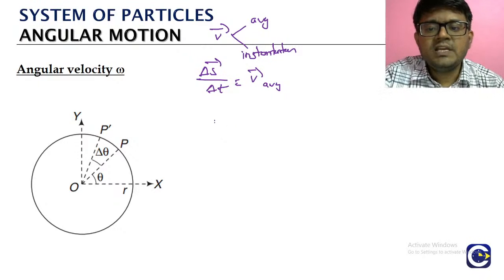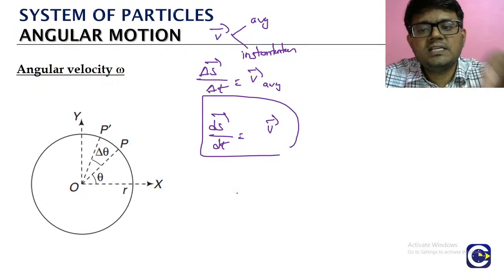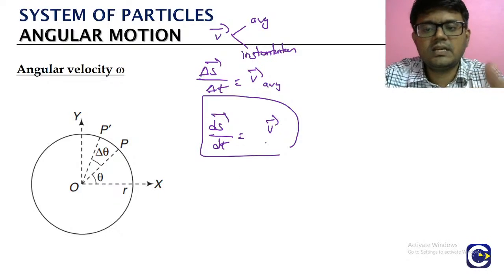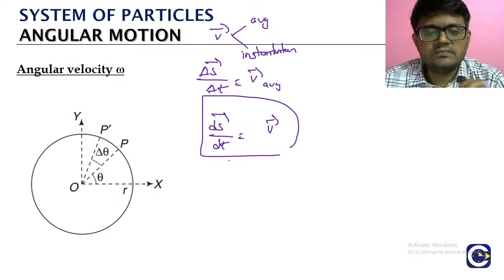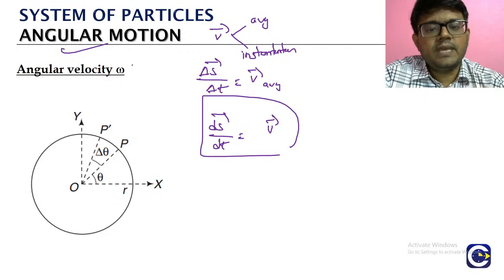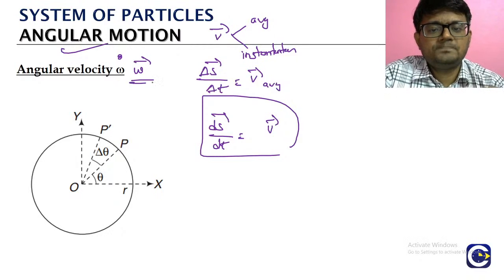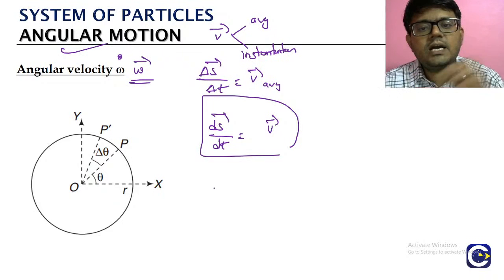Instantaneous means for a small time interval dt, we see the small change in displacement, the differential element, and that gives us the instantaneous velocity. The angular velocity will be represented by omega, with either an omega dot or omega bar.